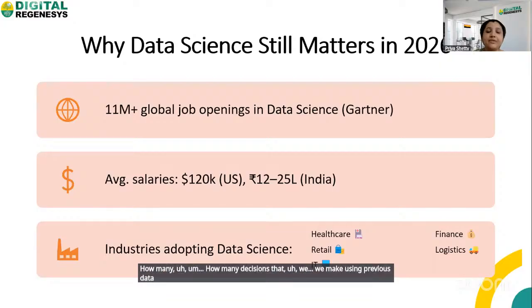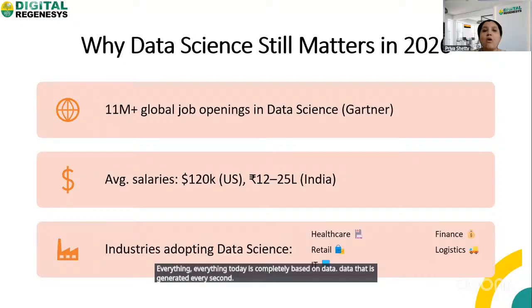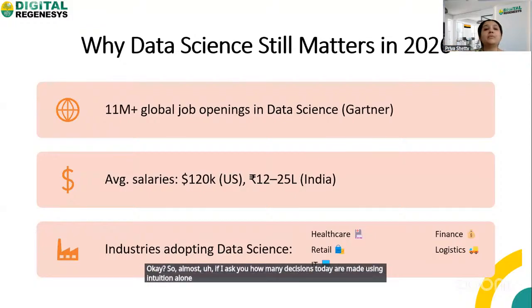Today, everything is completely based on data that is generated every second. If I ask you how many decisions today are made using intuition alone, the answer would be almost none.